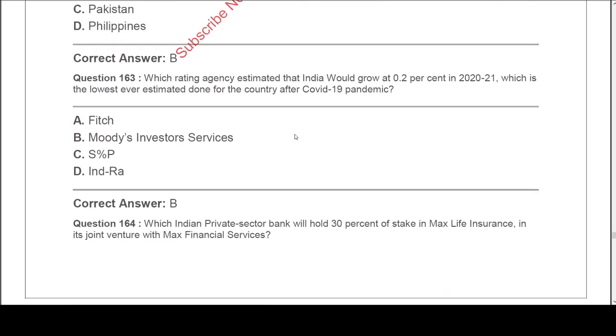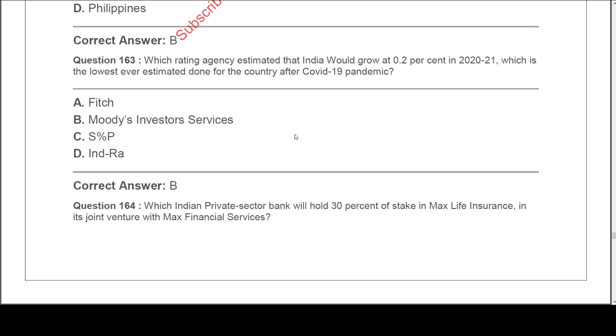Which rating agency estimated that India would grow at minus 0.2% in 2021, which is the lowest ever estimate for the country after the COVID-19 pandemic? It is done by option B, Moody's Investors Service. Which Indian private sector bank will hold 30% of the stake in Max Life Insurance in its joint venture with Max Financial Services?